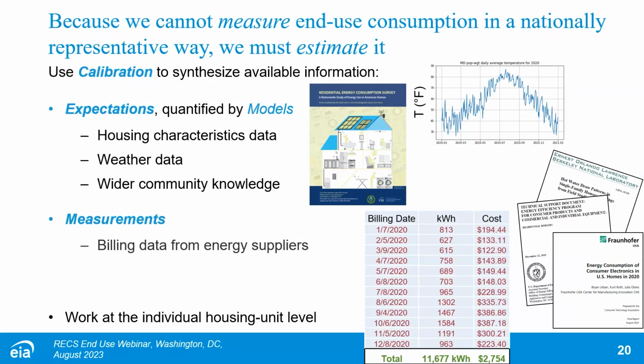And I'm going to describe calibration further when we present the example ahead, but I just want to say now that one large improvement we made for the 2020 RECS is that we enabled what we call billing level calibration for electricity and for natural gas. That is to say, we were blending the information in the expectations for a particular bill with the measurements, the bill that we actually received.